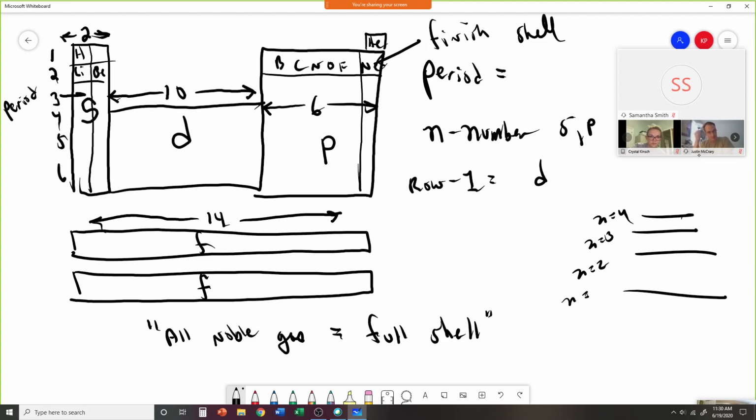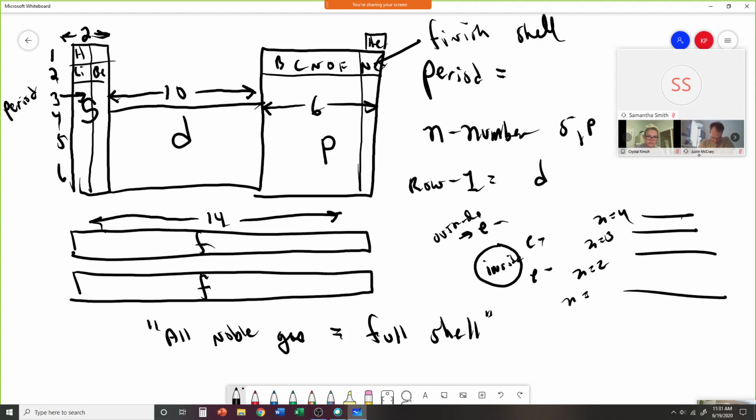This is on the inside. And these guys are on the outside. All right? So if you finish a row, when you start a new row, you're starting a new shell, and they're on the outside. And so everything prior to that is on the inside.